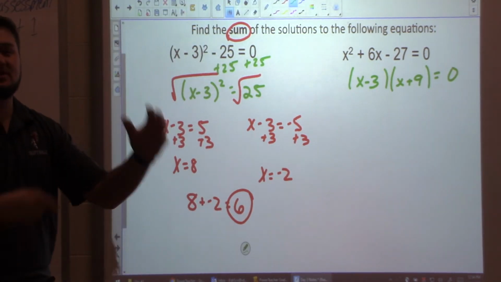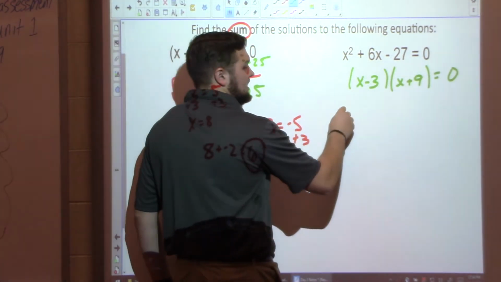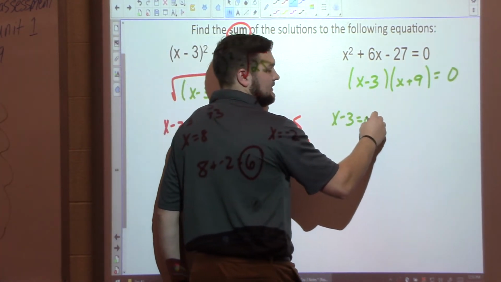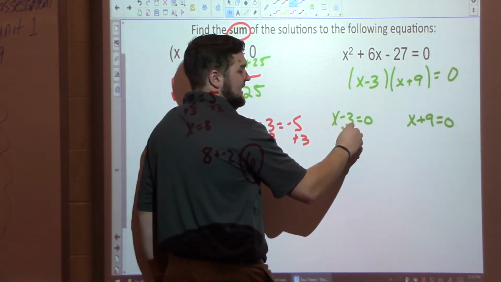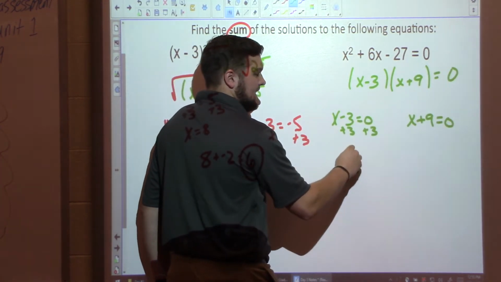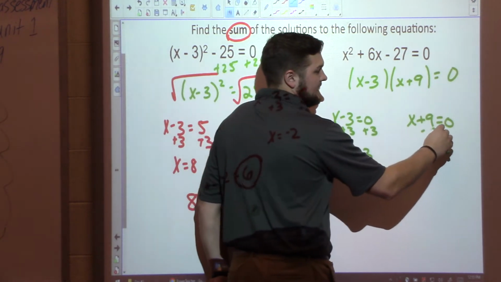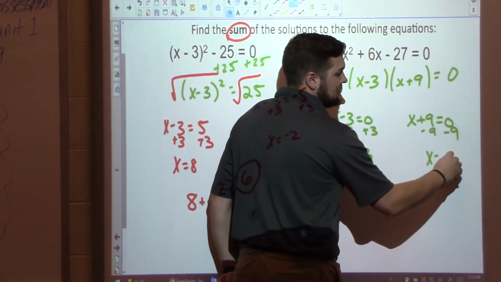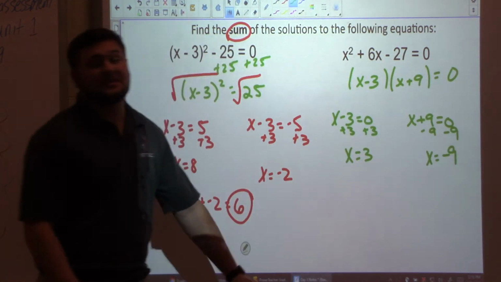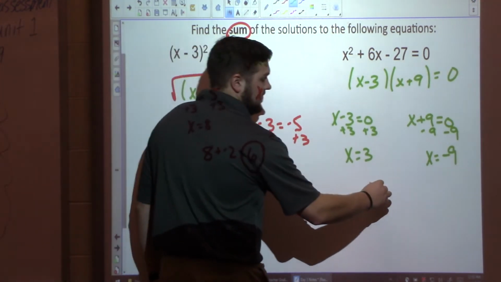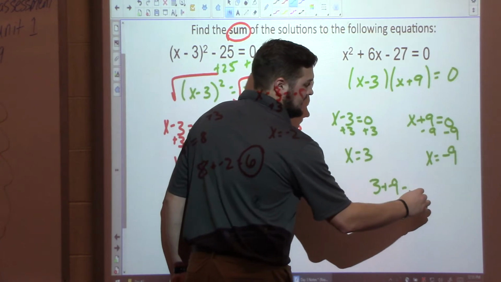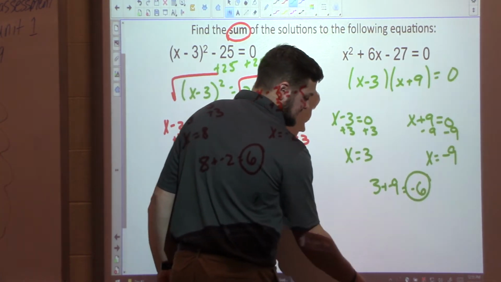If anything times 0 is going to equal 0. So take each of these like was said, set them equal to 0. Add 3, x = 3. Minus 9, x = -9. And once again, we want the sum, so we're going to add them together. 3 plus negative 9 is negative 6.